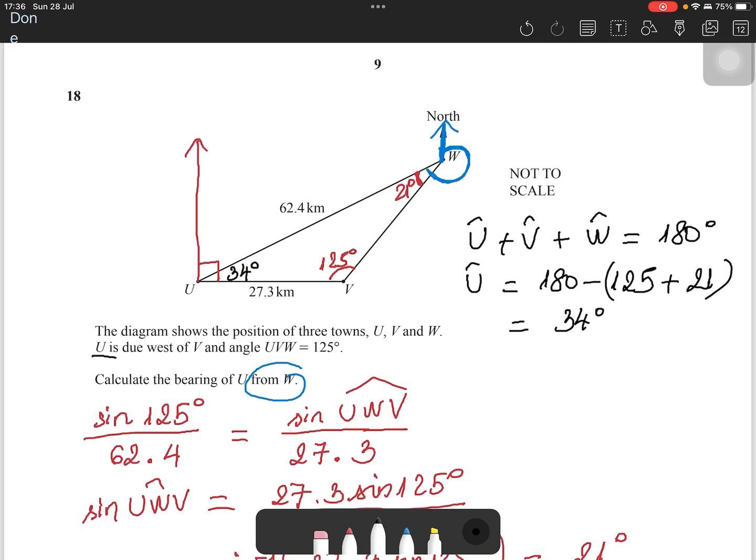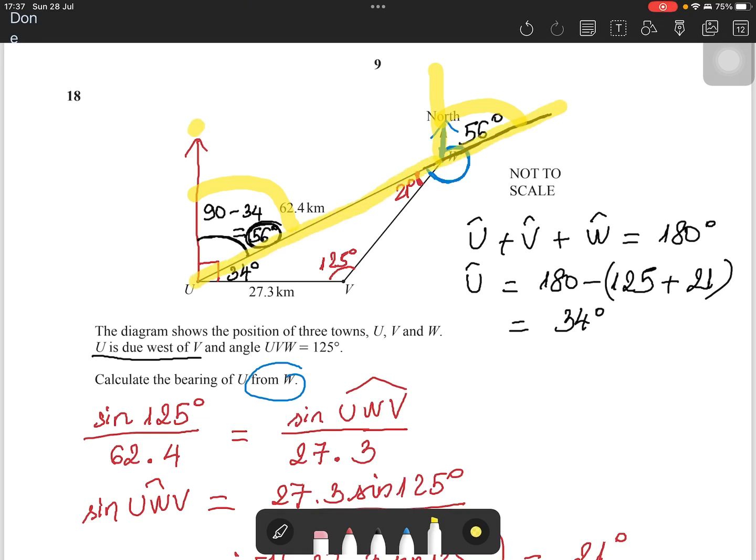And then we see that U is due west of V. So we can find this black angle by subtracting 34 from 90, which equals 56 degrees. Then, if I extend this line, I will see that this one is also 56 degrees because they are corresponding angles in parallel lines.